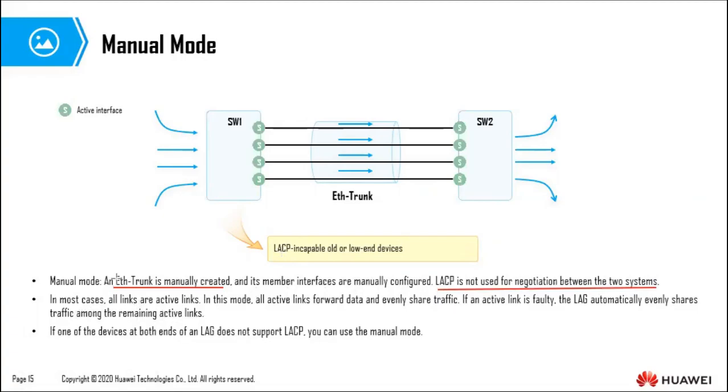So in most cases, look here, this is one of the main differences between LACP and manual mode. In most cases, all links for the manual mode are in active state. So all links are forwarding data. Are you seeing that here? All links are forwarding data, all of them.